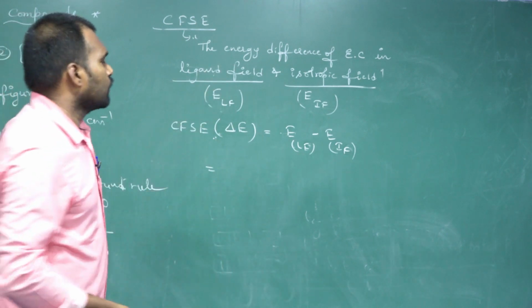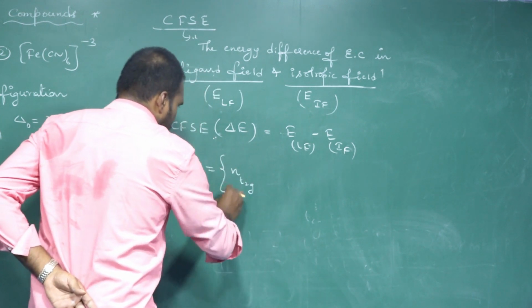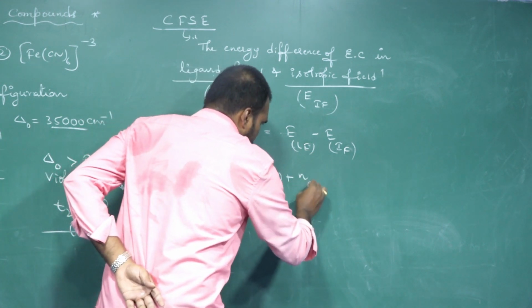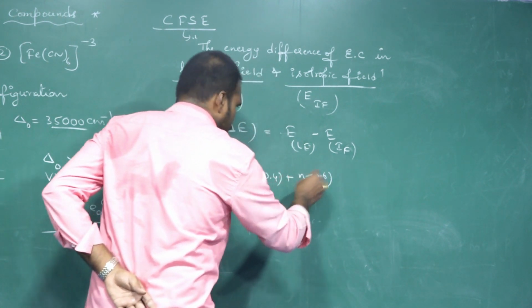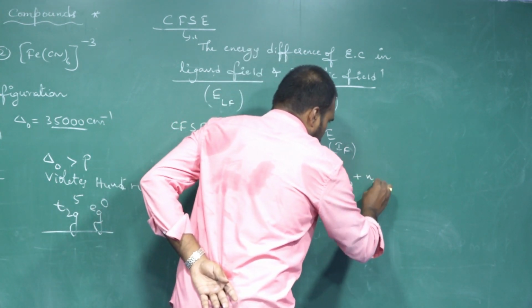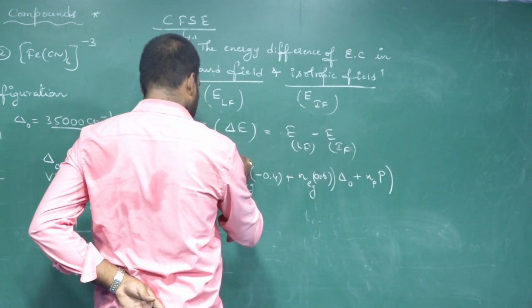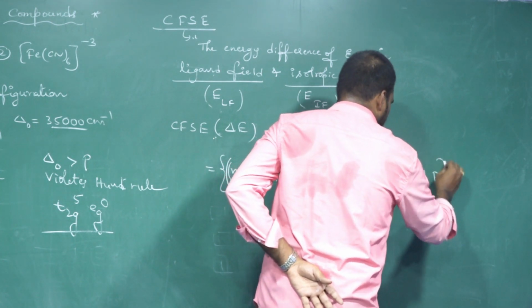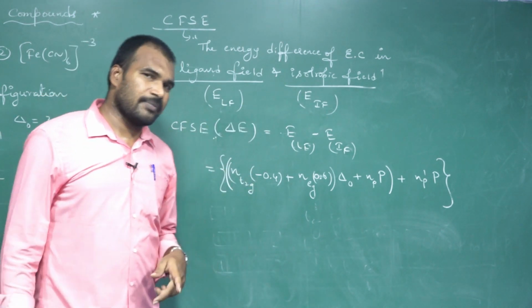We can further give this as n(t2g) times minus 0.4 plus n(eg) times 0.6, all times del O, plus nP times P, plus nP prime times P. This is the formula we follow to calculate the crystal field stabilization energy.